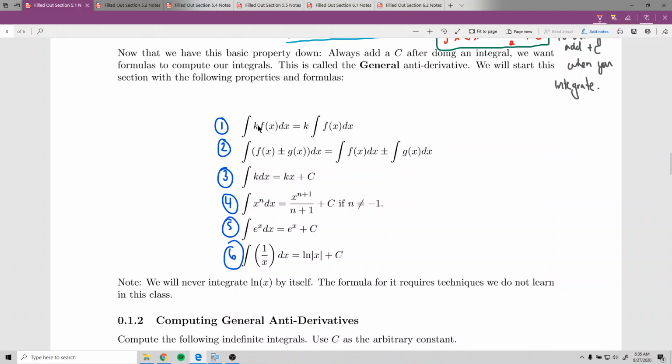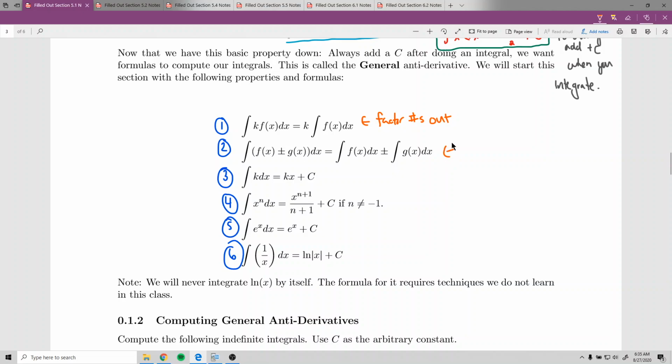The first one says if you want to integrate some number times a function, you can factor the number out. That's exactly the same as derivatives. So factor numbers out. The second one says if you have two separate terms or more linked by pluses or minuses, you can integrate each part.